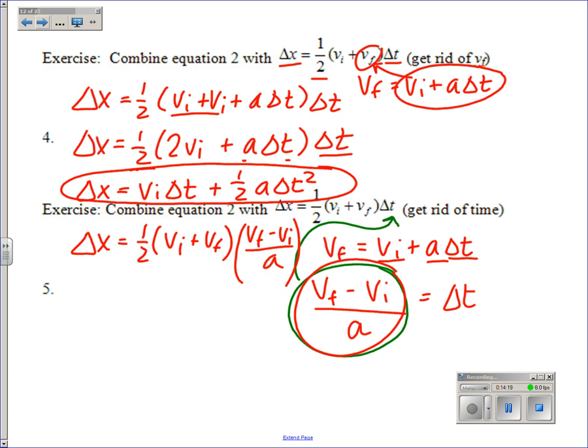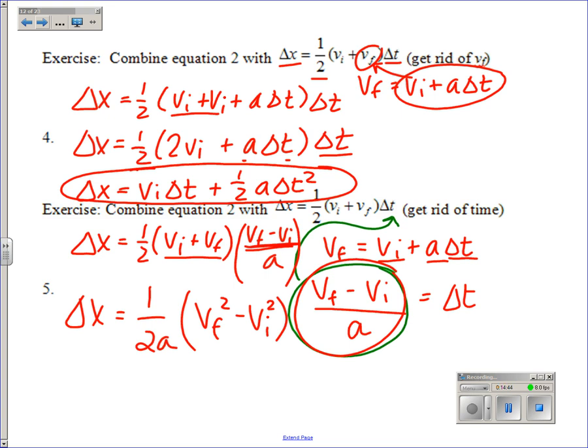Vi plus vf and then vf minus vi. We have delta x equals 1 over 2a times vf squared minus vi squared. You would actually have to FOIL this out, but I know you all remember your difference of perfect squares.